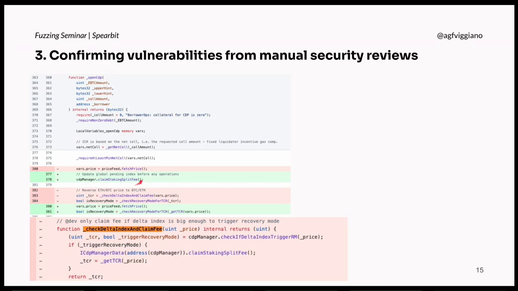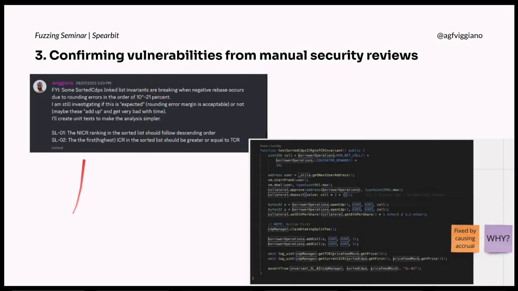This was the fix. And we also found this same issue with a very simple invariant, which is that the linked list should always be in order. The first one should always be higher than the second one, and so on and so forth.